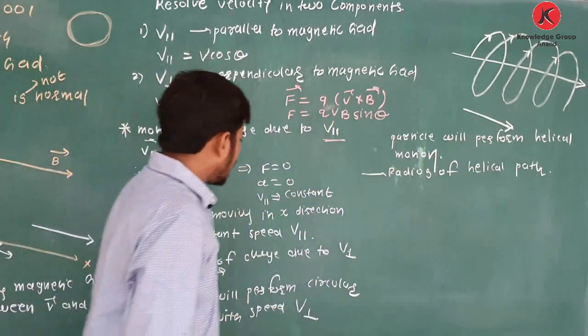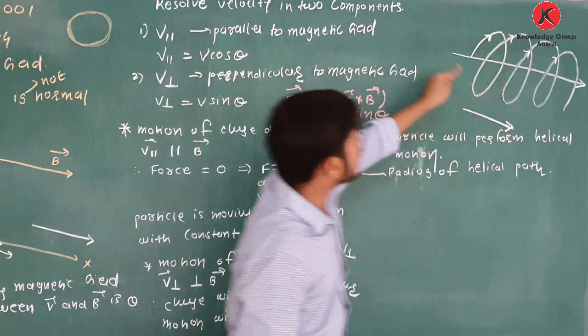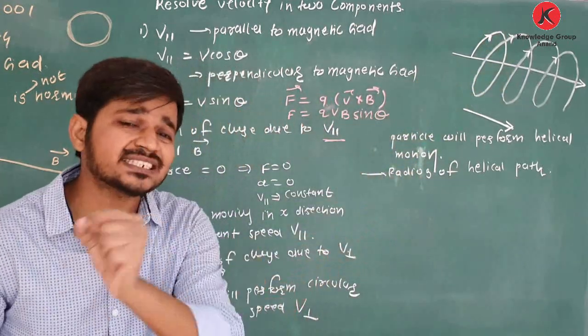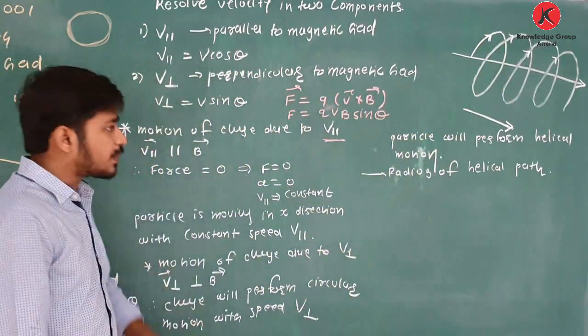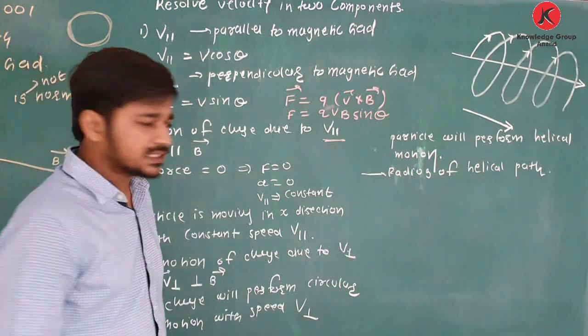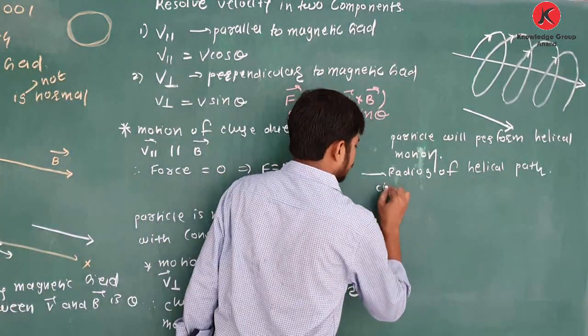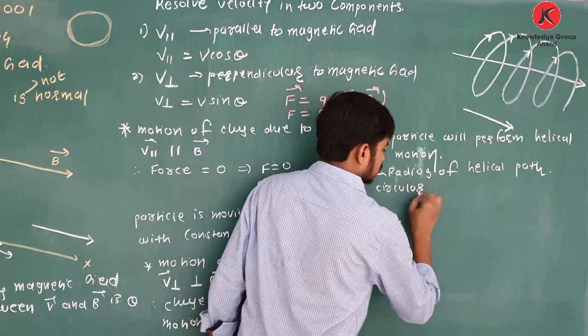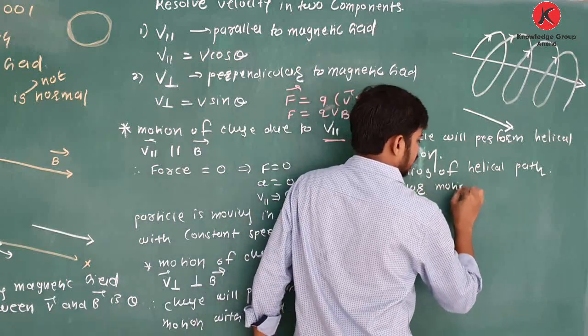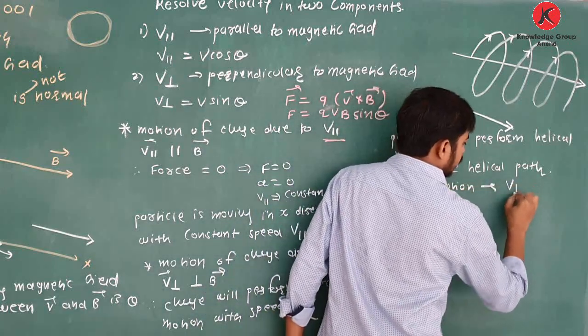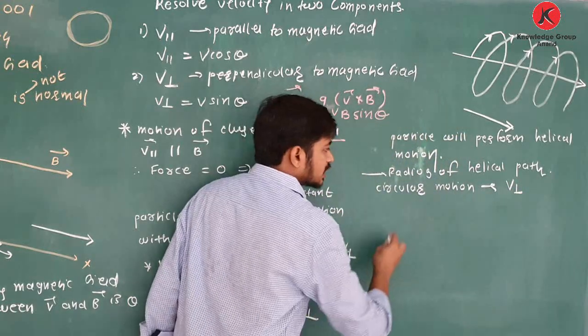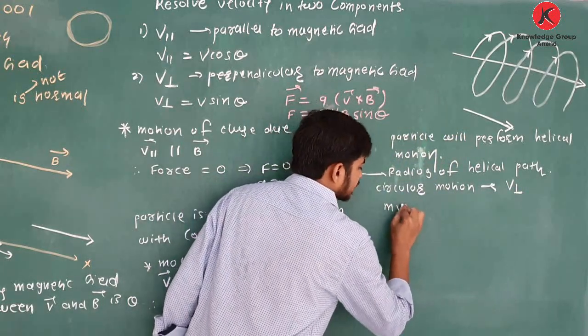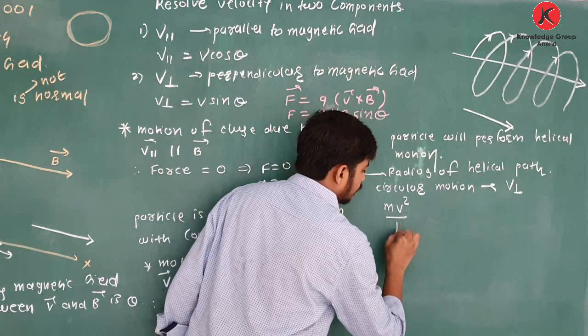Here, it is performing circular motion due to which component of velocity? This perpendicular. Yes or no? Yes. Then it is performing circular motion due to the perpendicular component of velocity. For circular motion, what is required? Centripetal force, that is mv square upon r.